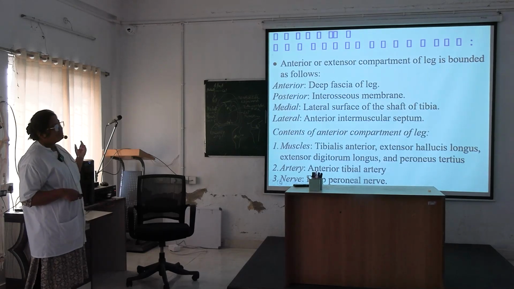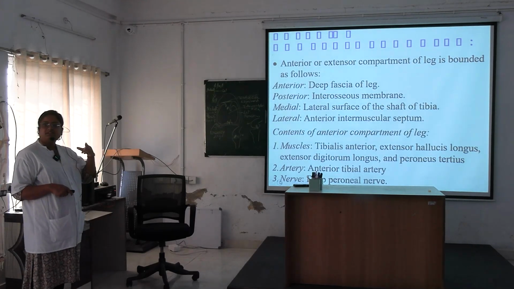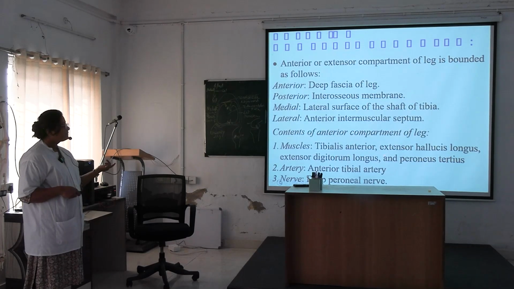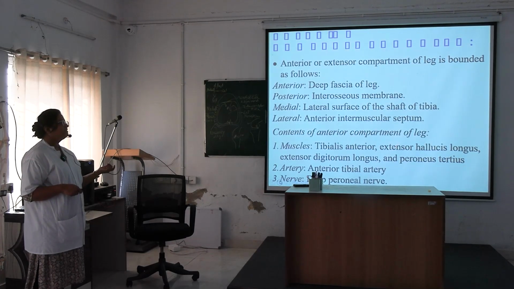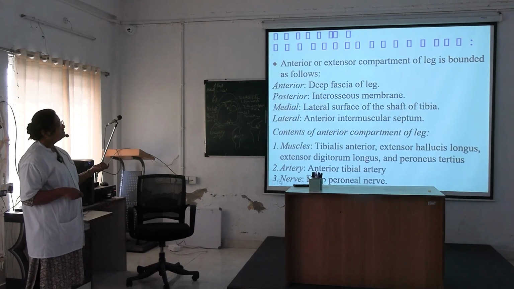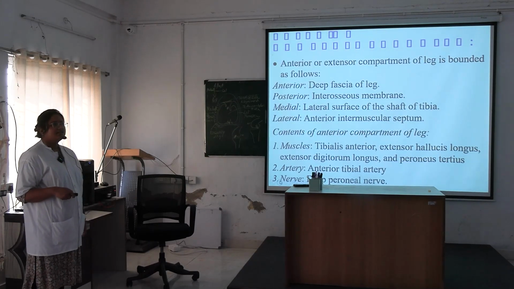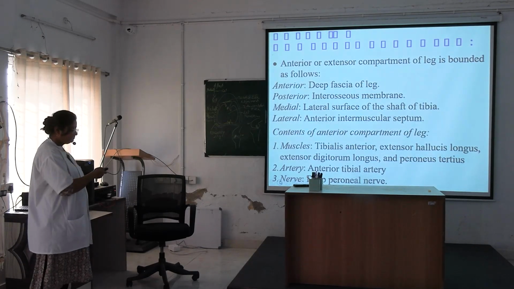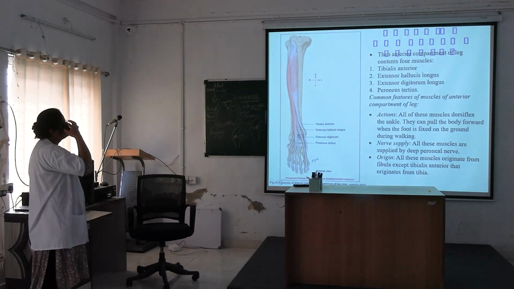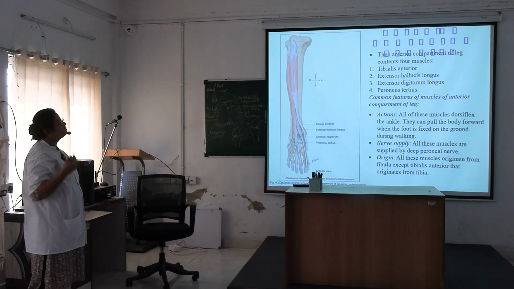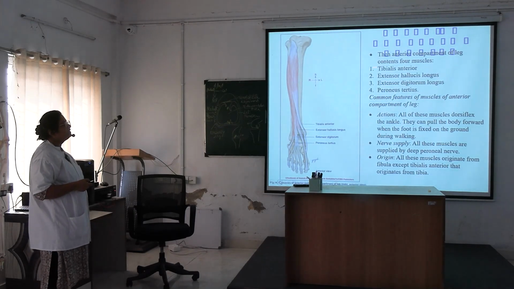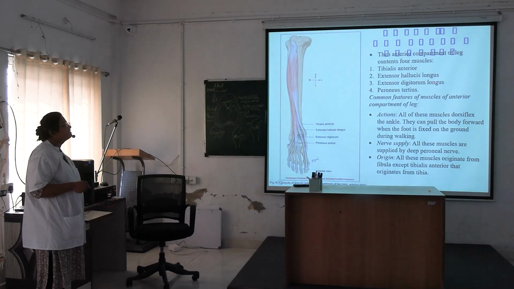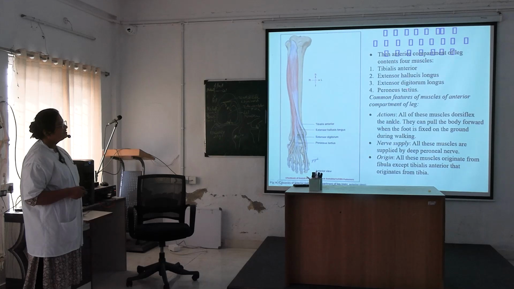The muscles whose tendons we have seen deep to the retinacula are included in the anterior compartment: tibialis anterior, extensor hallucis longus, extensor digitorum longus and peroneus tertius. The artery is the anterior tibial artery, the nerve is the deep peroneal nerve. So the anterior compartment of the leg contains these four muscles.